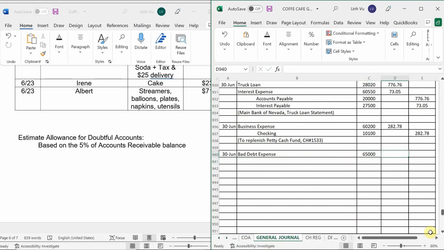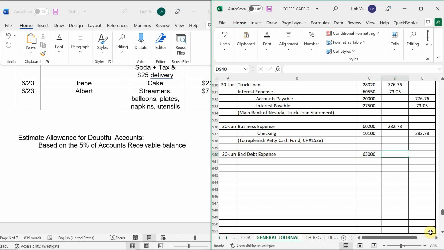Okay, and then what should be my credit account? What is this estimated amount of? Okay, it's about my accounts receivable.